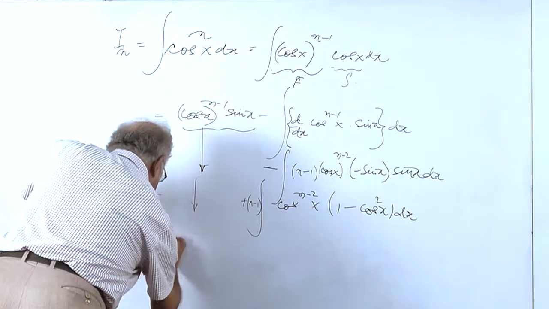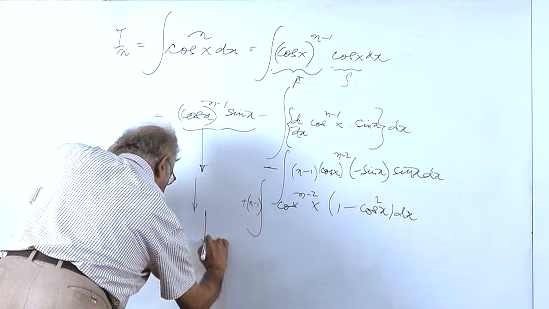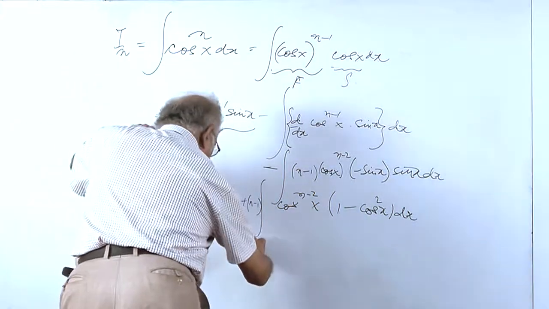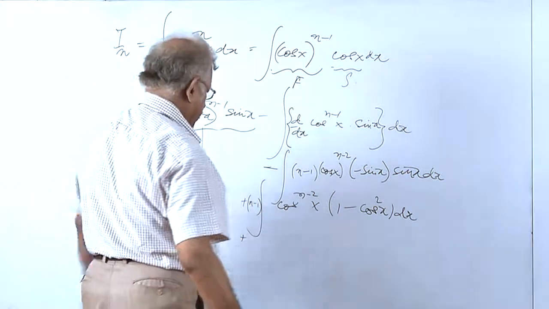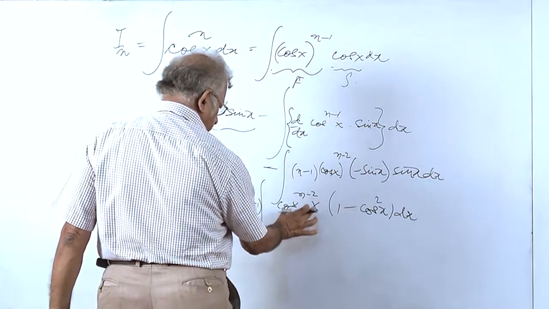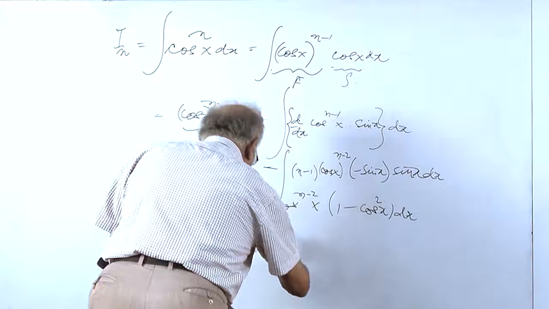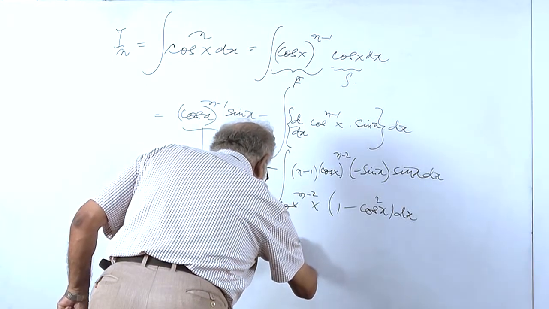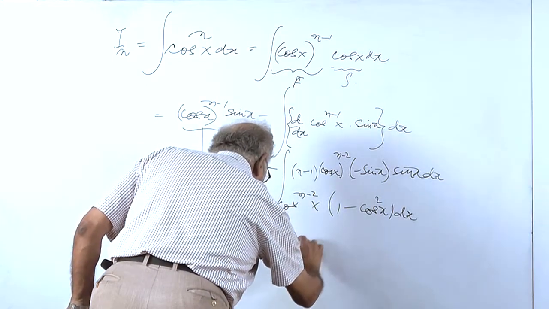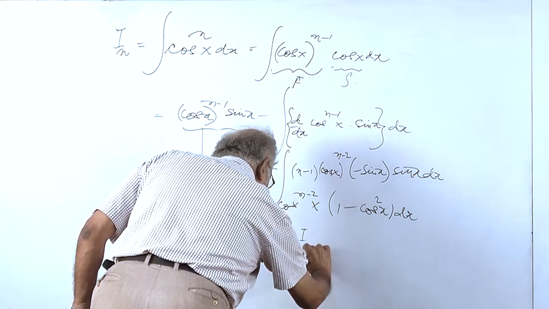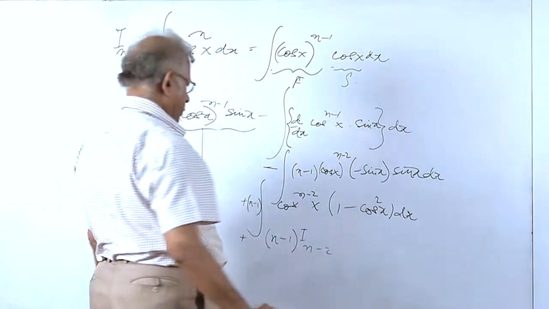This is nothing but the dropped-down term plus cos x to the power of n minus 2 multiplied by n minus 1, that is nothing but n minus 1 times I sub n minus 2. That's it.